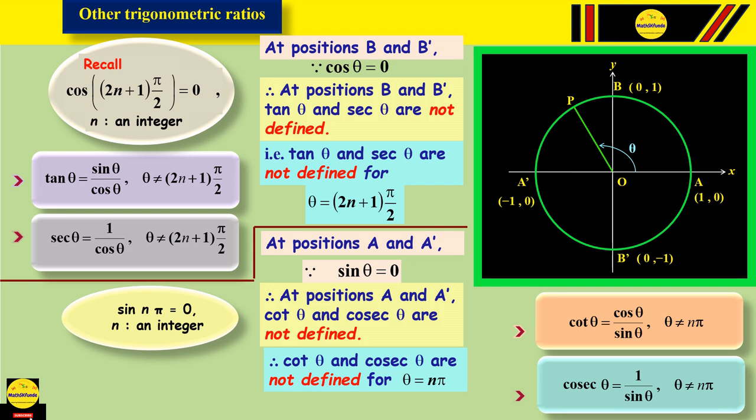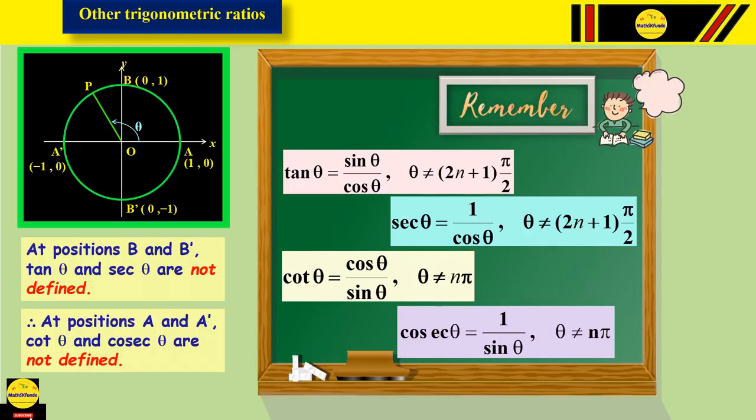Now, similarly, write cosec theta also. It is 1 upon sine theta, and we will have to write it with theta not equal to n pi. So in this way, the remaining 4 trigonometric ratios which we had learned before, we have now redefined or rewritten. Now from here, you take them as formulae only, like how we have defined sine theta and cos theta as x coordinate and y coordinate of any position P on the unit circle.